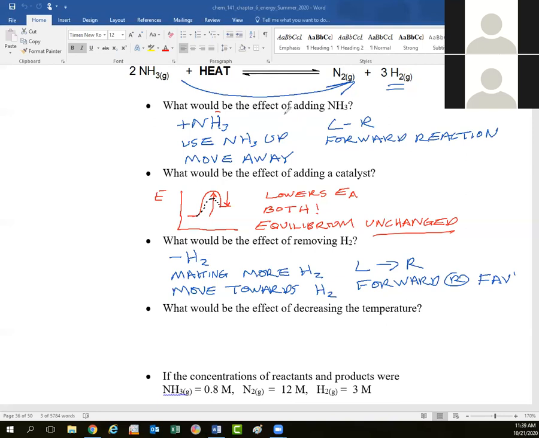So to realise if it's going to feel hot or cold, is that movement from left to right consuming energy or is it producing energy? Right, okay, so on the message board, our shy members are telling me, yep, if you move from left to right, you're consuming that energy, and so there's going to be less energy in the reaction. It's going to feel cold whenever the forward reaction is favoured. Good.